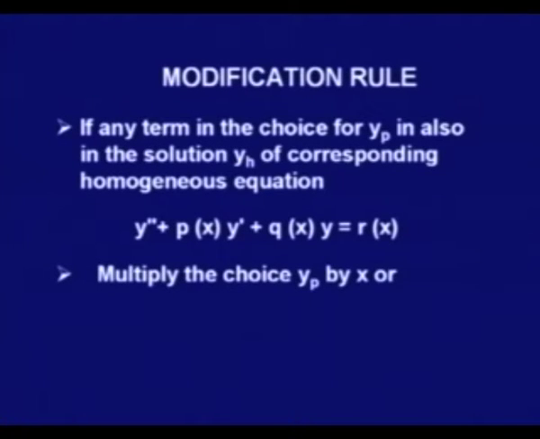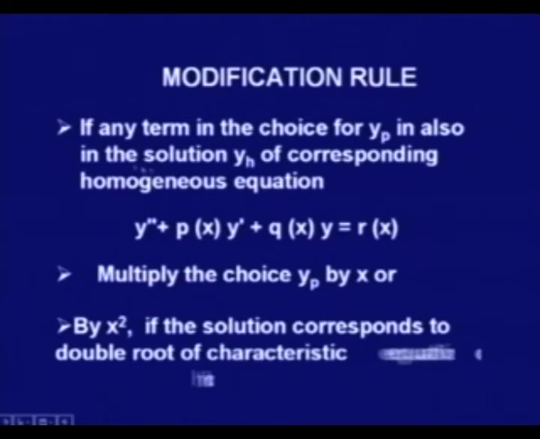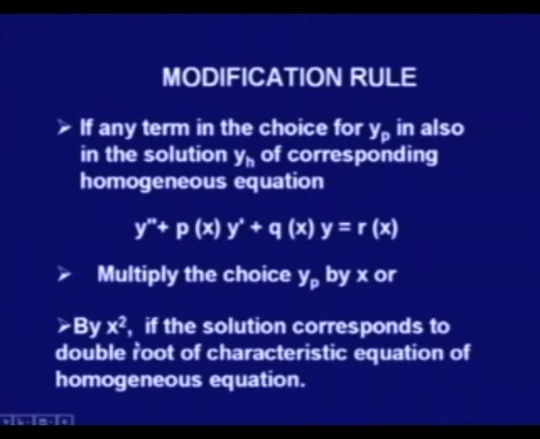The modification rule says to multiply the choice of yp by x or by x^2. Here my solution e^(-x) corresponds to the double root, so I have to multiply by x^2, that is I should choose my yp as a times x^2 times e^(-x).